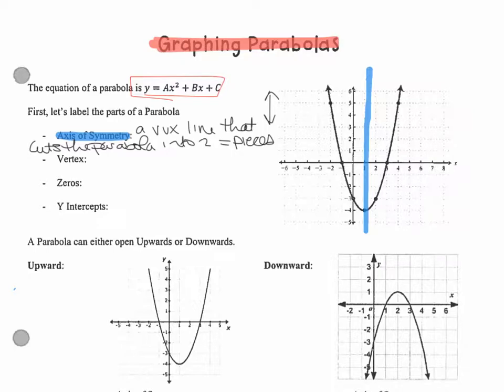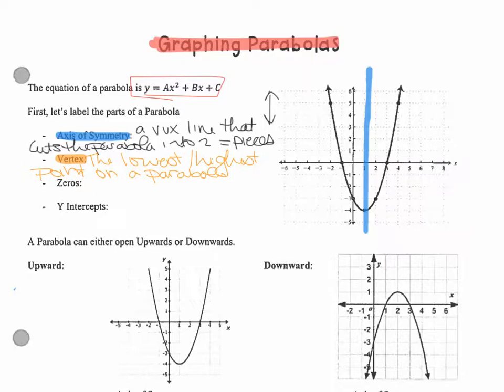Now let's talk about the vertex. The vertex is the lowest or highest point on a parabola.